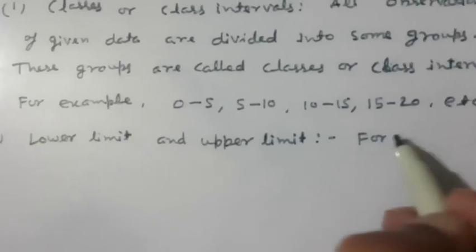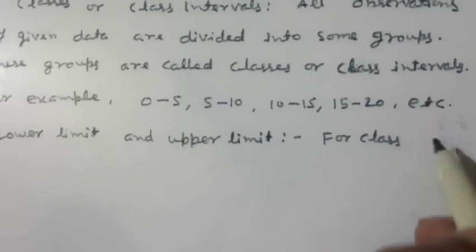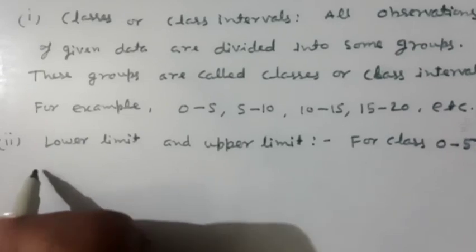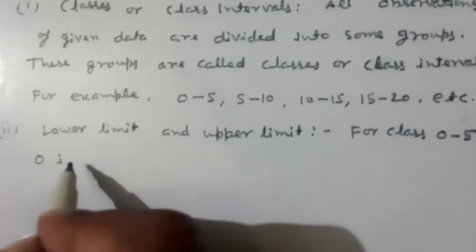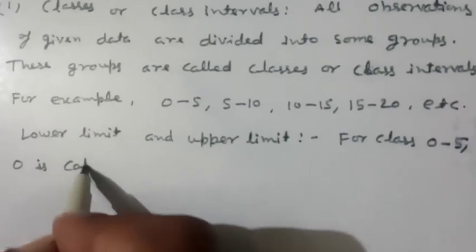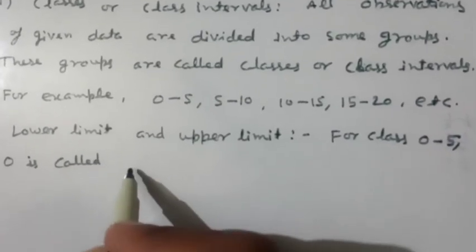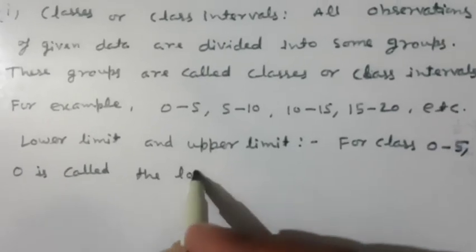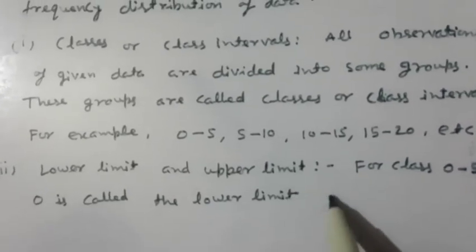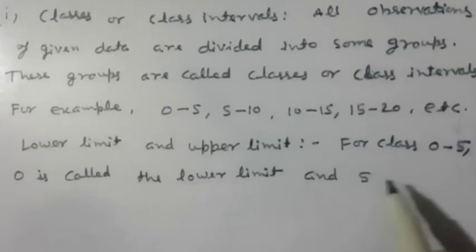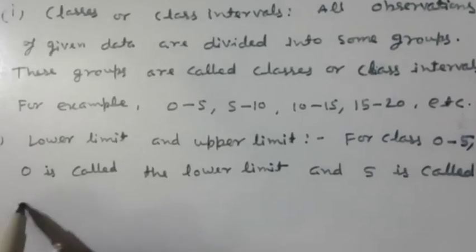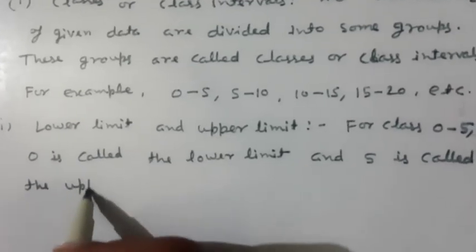For class 0 to 5, 0 is called the lower limit and 5 is called the upper limit.